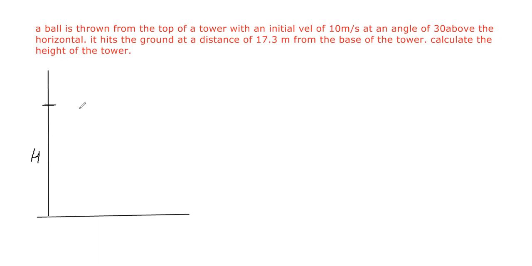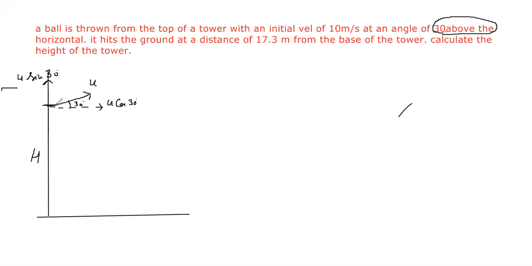Suppose from this point at an angle 30 degree above the horizontal. So we make an imaginary horizontal, and you can say that the ball makes an angle 30 degree with the initial velocity. So this is the component u sin 30 and this is the x component u cos 30.